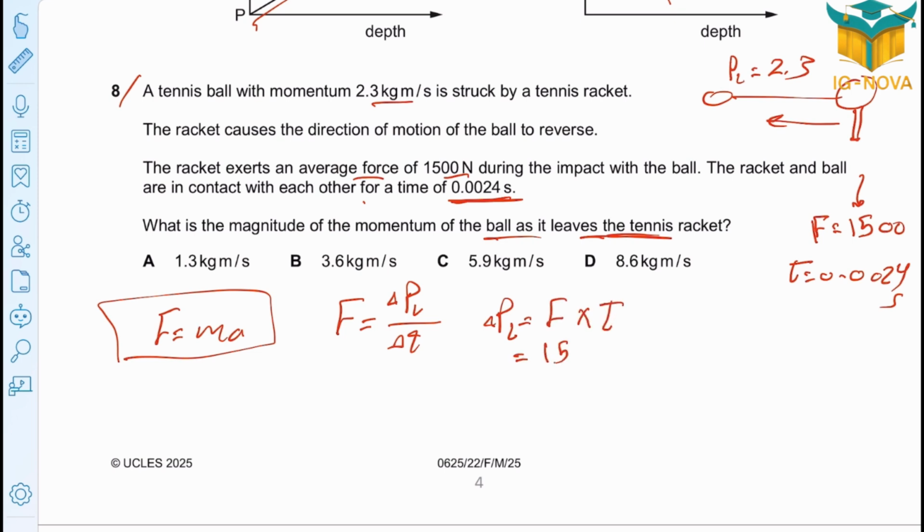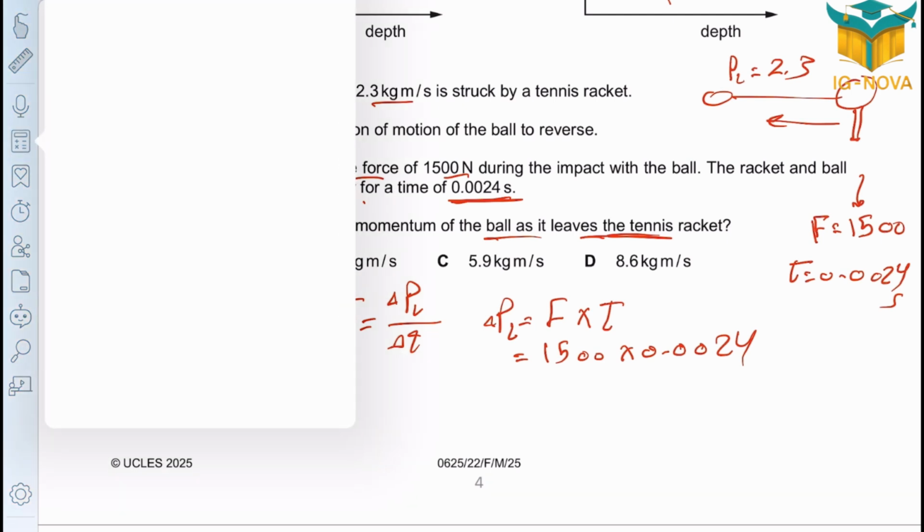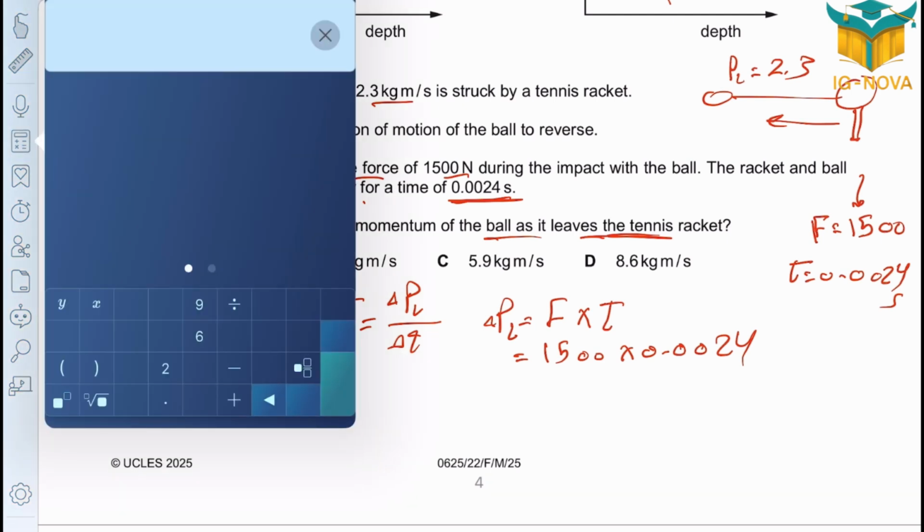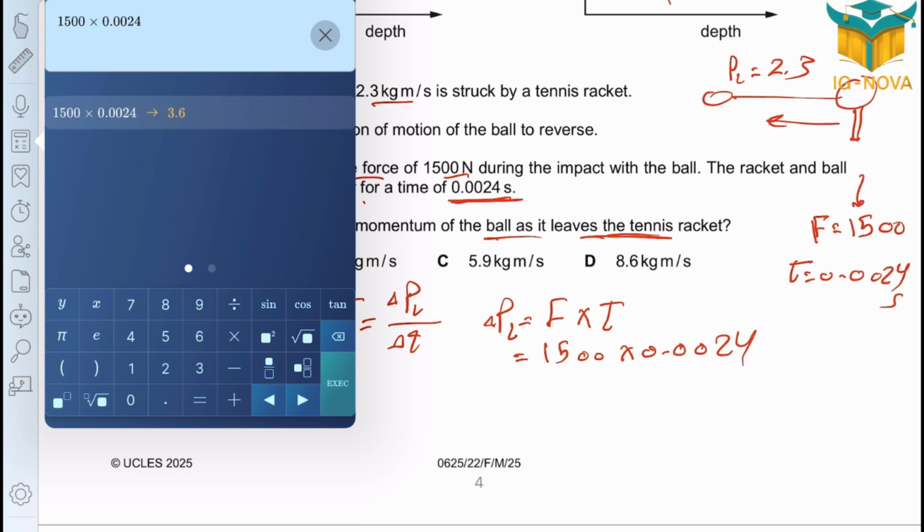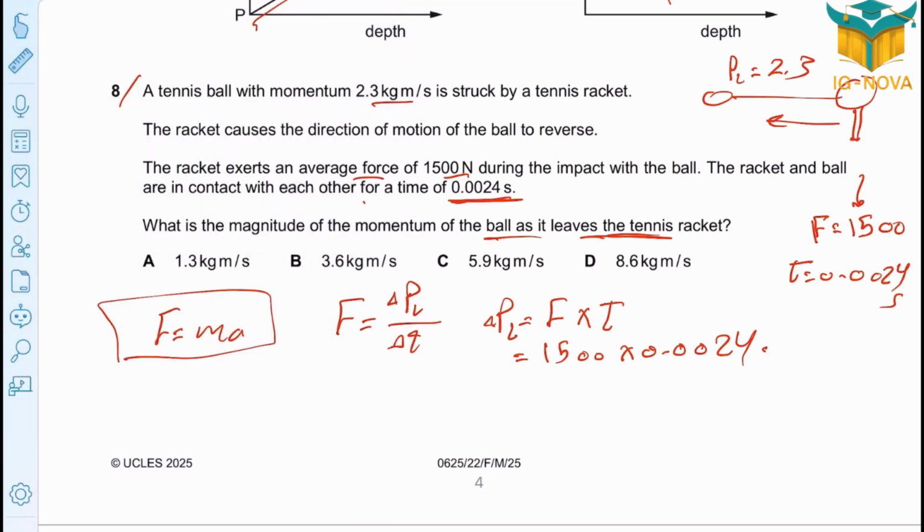Force is 1,500, time is 0.0024. Let's find the momentum change. 1,500 times 0.0024. The answer will be 3.6 kilogram meter per second.